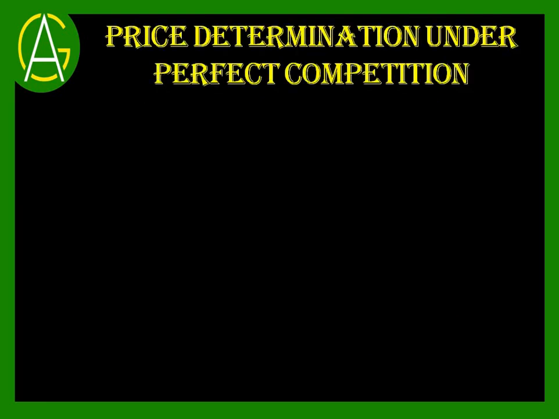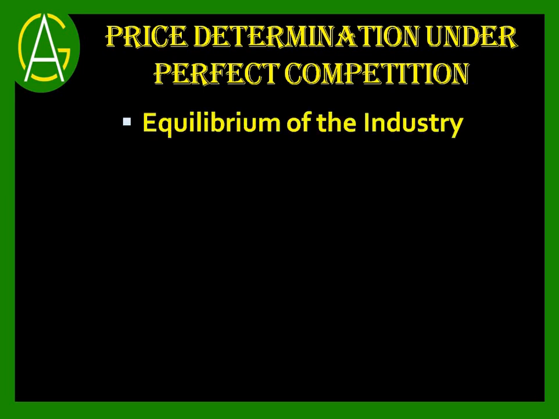Now let us take price determination under perfect competition. Friends, you know that the firm in perfect competition is a price taker. When we say it is a price taker, it means that the prices are determined by the market. That means prices will be determined in the industry. First of all, we need to know what we mean by industry.